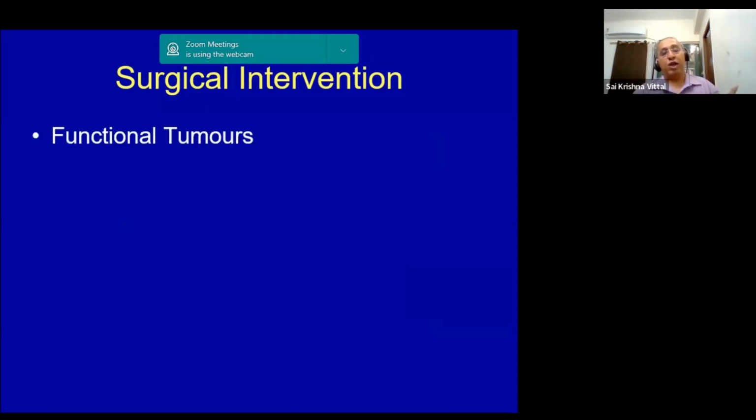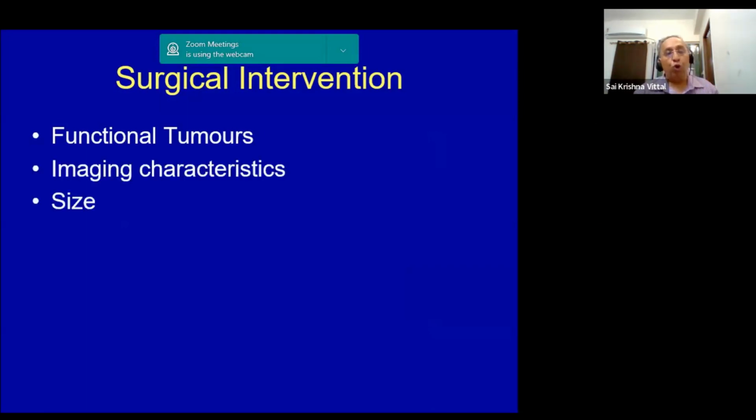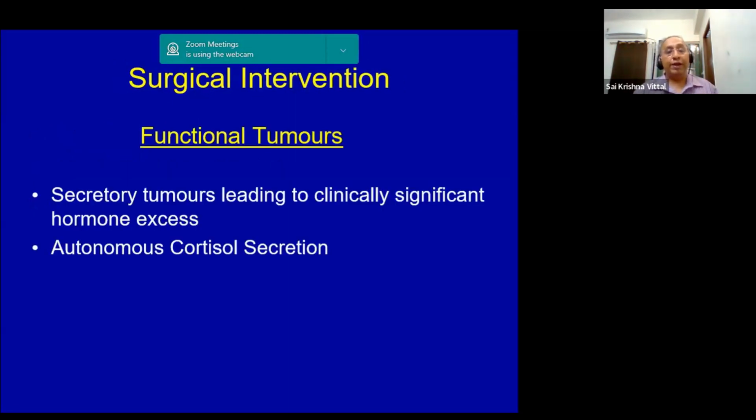One, all functional tumors, irrespective of size, need surgery. Two, when the imaging characteristics point to malignancy, or when the size is large, more than 6 centimeter, you will advocate surgical intervention. As I mentioned earlier, for functional tumors you will operate.